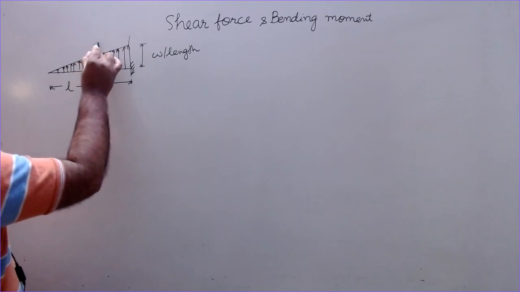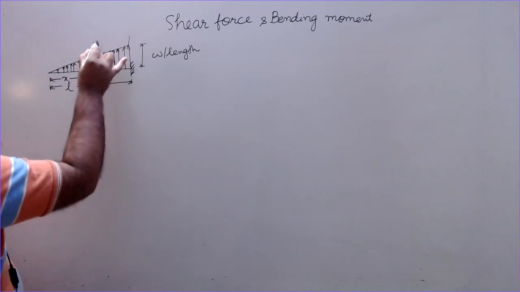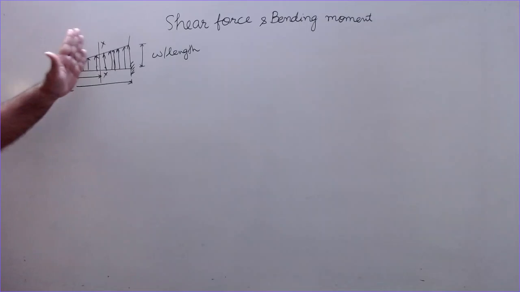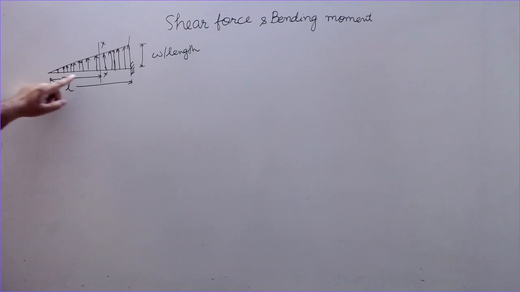So take a section here at a distance x from this free end, and we have to find the load acting to the left of this section on this side. That will be equal to the area under this loading diagram from x equal to 0 to this point x equal to x.